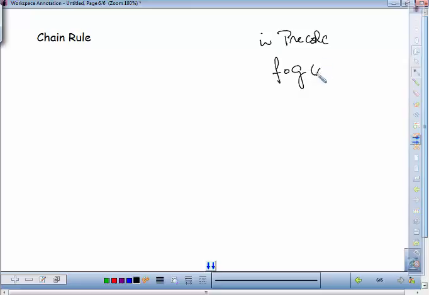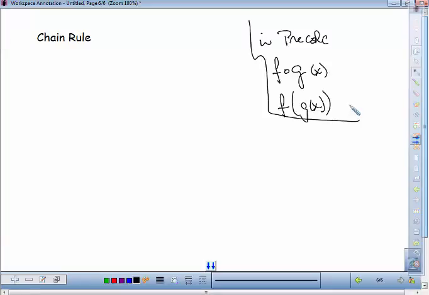Which is really saying you take the g function and then you put it inside of the f function, and then when you take the derivative, you take the derivative of the outside and then the derivative of the inside. So how does that play into the chain rule in 3 dimensions? So let's see if we can find a composite.